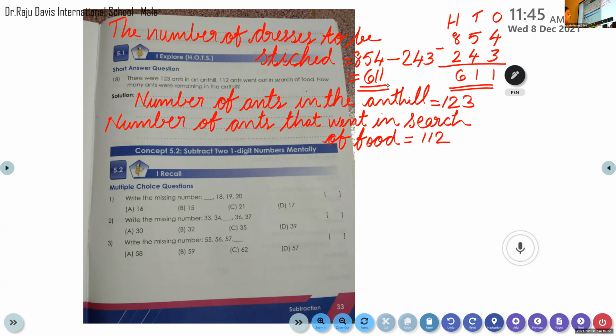Please write: number of ants remaining in the anthill.